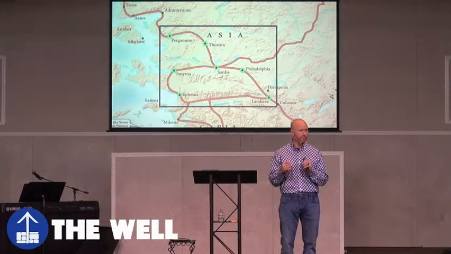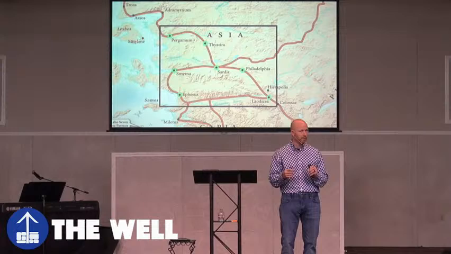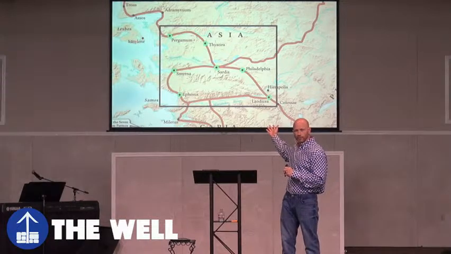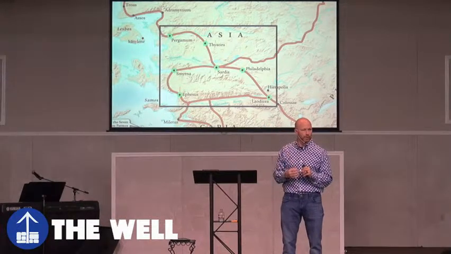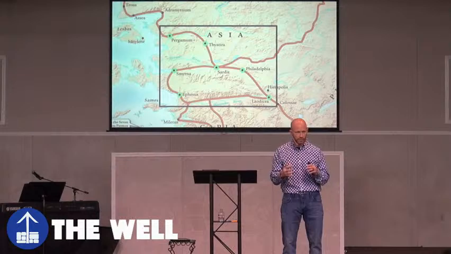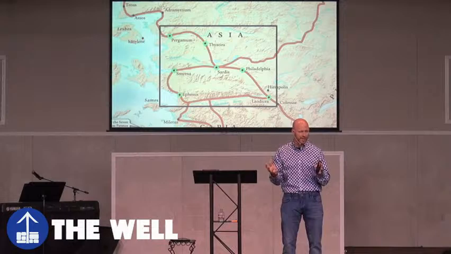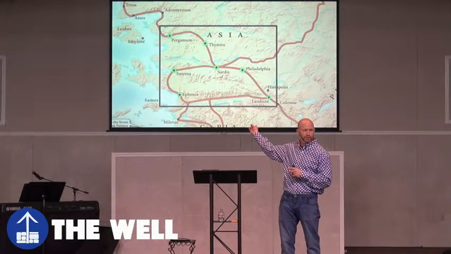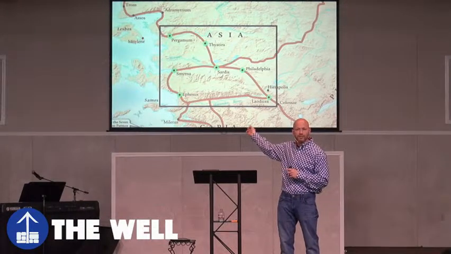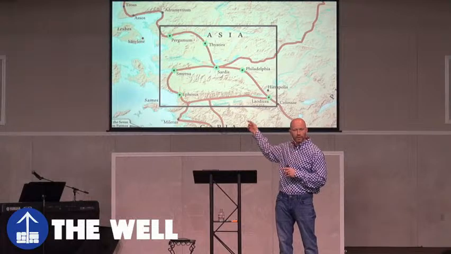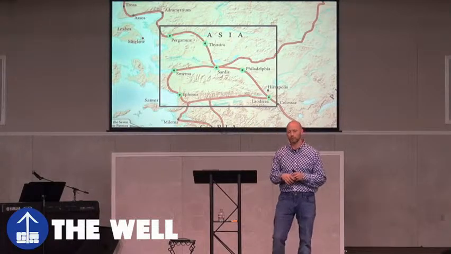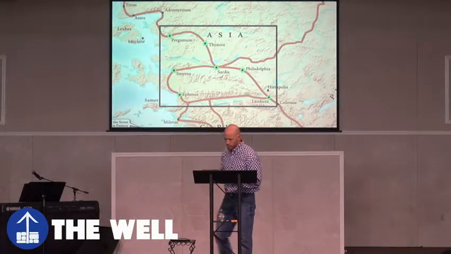It was written to seven real churches right here, and if anyone would have understood the symbolism and the imagery, the allusions, the polemical undertones of what is said in Revelation, it would have been these churches right here, because it was their world, and they would have understood what John was trying to say and where he was trying to lead them.